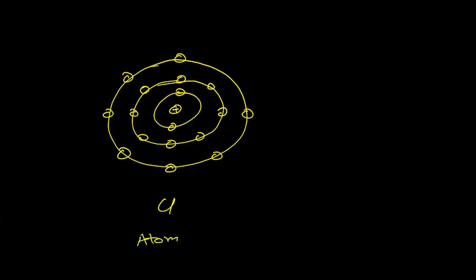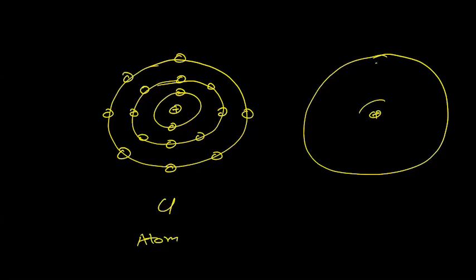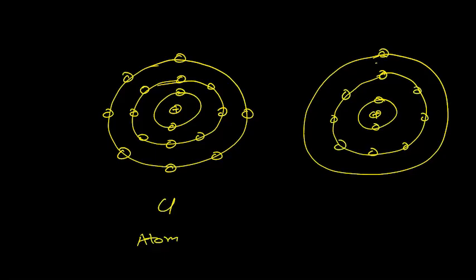But in the question it is given that it has one more electron. One electron more than the neutral atom means it will have the configuration of 2, 8 electrons, and here also it will have 8 electrons. This electron is extra.